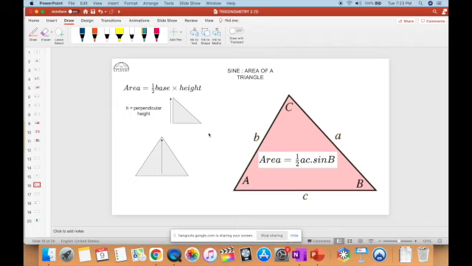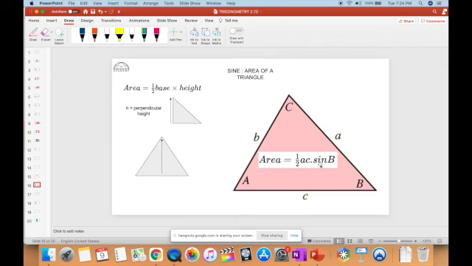Because if they didn't give you the perpendicular height, you would have ended up in trouble. You might have had to go through all kinds of Pythagoras just to find the perpendicular height before you could even tackle the area. But now we're dealing with an equation here for the area of a triangle that you do not need the perpendicular height for. So you don't need the perpendicular height for this.